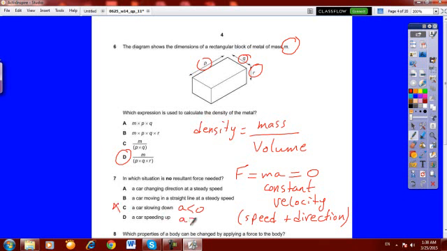Speeding up, a positive, also not the case. Steady speed, but changing direction, so speed is constant, but velocity is not constant. Only in B, straight line, so direction is not changing, and speed as well is not changing, which is the case. So the answer is B.